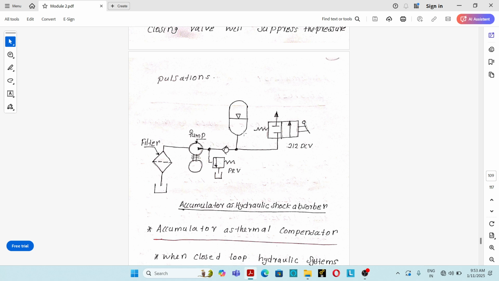So this is the accumulator acting as a shock absorber.